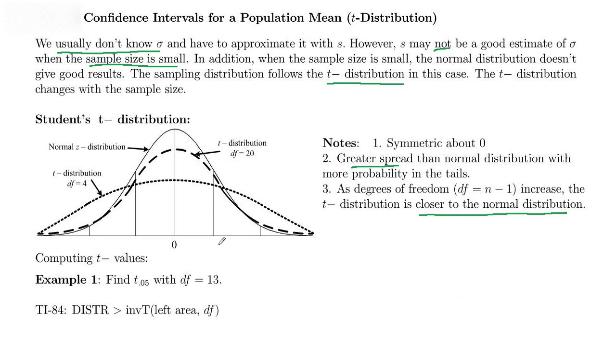So using this t-distribution gives us better results. In order to use that distribution, we have to be able to find t-values. Before, we found z-values, like z.05 with 0.05 area to the right. We want to be able to find t sub 0.05, where again, 0.05 is your right area.